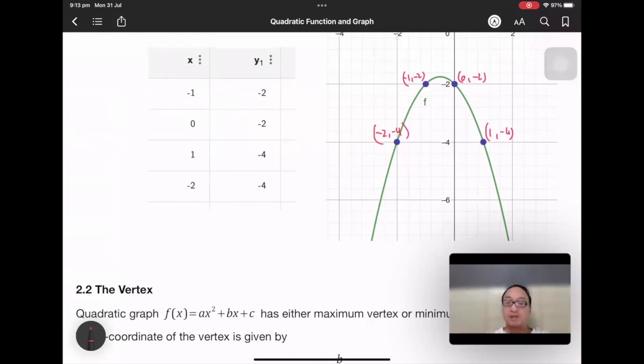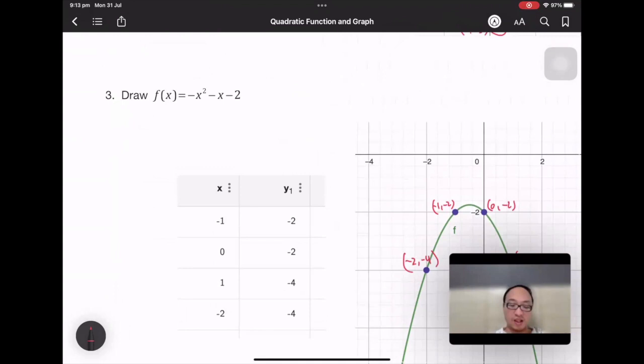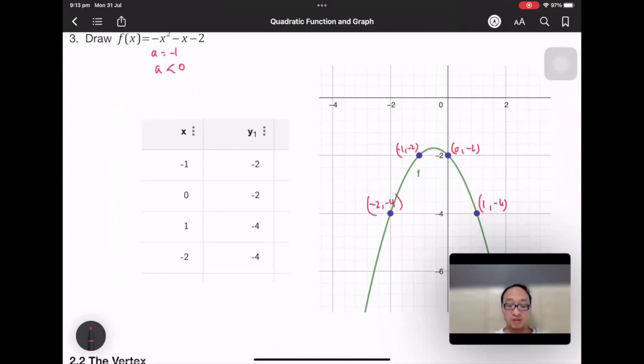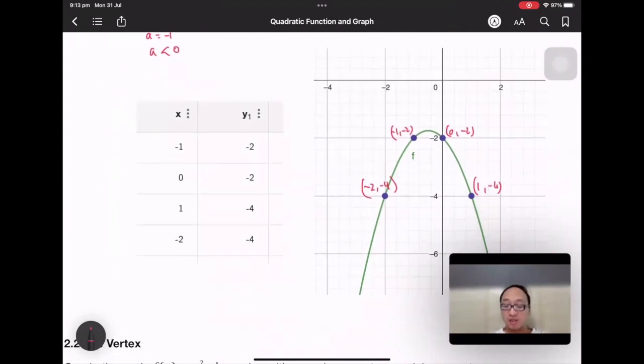In this case, since a equals negative 1, a is smaller than 0. So it will be facing downwards with the maximum vertex.